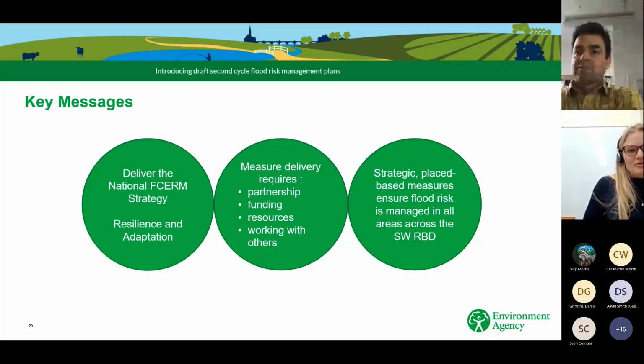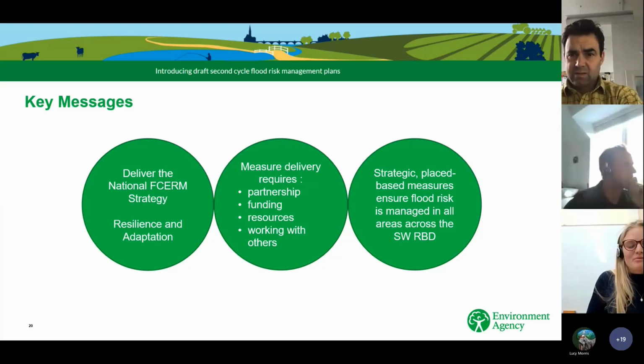In terms of delivering our measures, as you noticed, our measures talk about how we're going to be working in partnership, but working in partnership does require funding sources, and it can be challenging, as we all know, I'm sure. So there are risks associated with that.